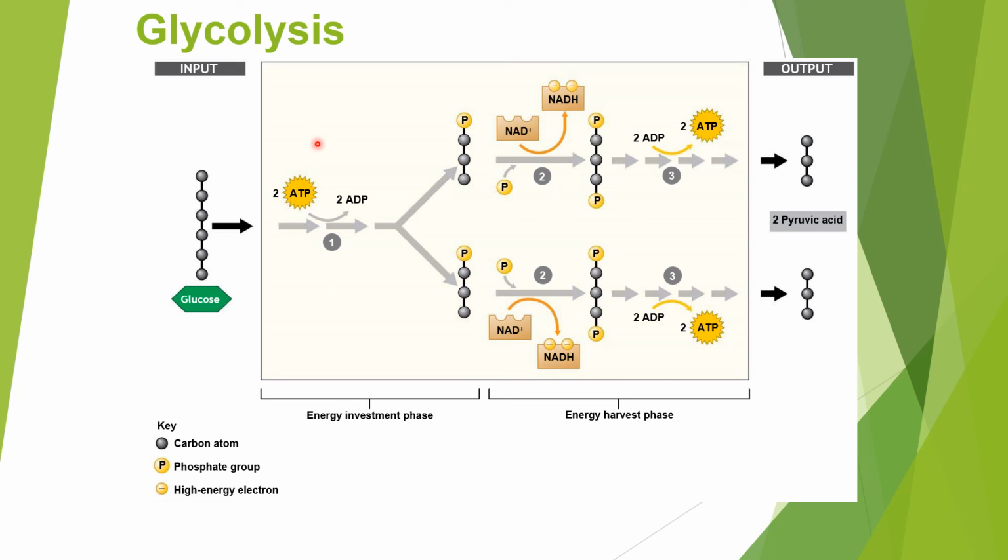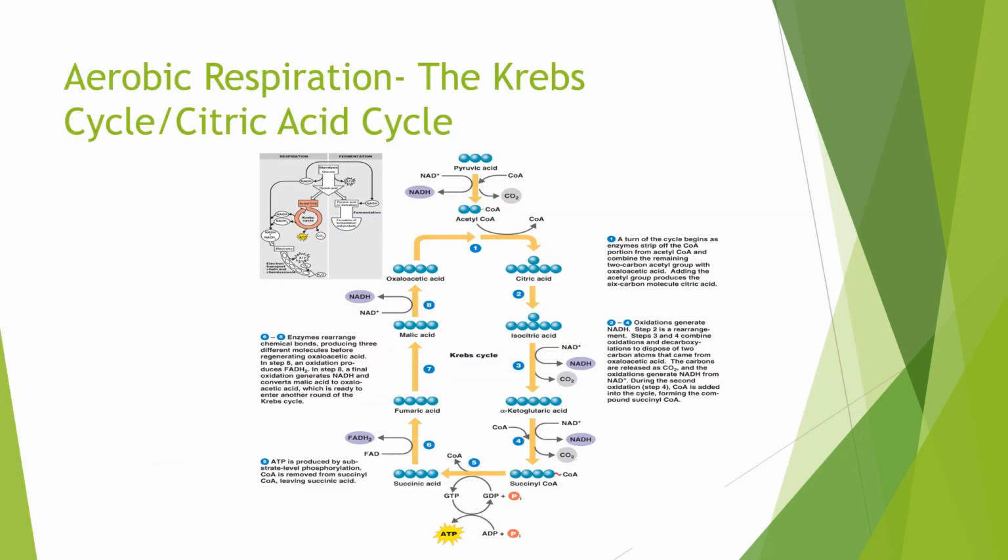So at the end of glycolysis, what are the main products that are going to be produced? The net outcome is 2 ATP molecules, 2 pyruvic acid molecules, and NADHs. And those NADHs are basically your electron carriers.